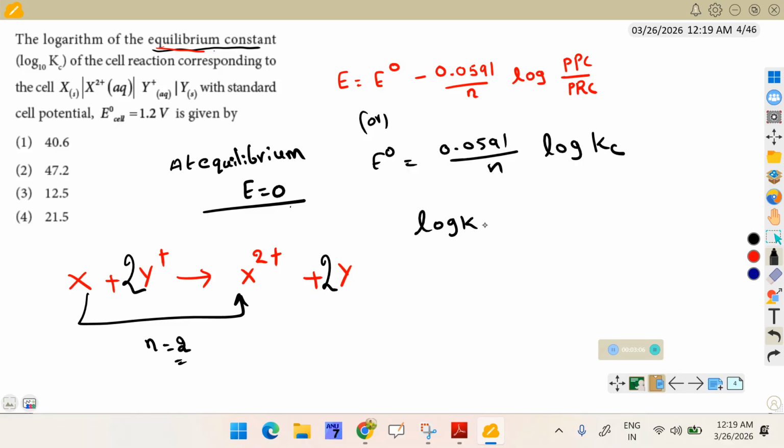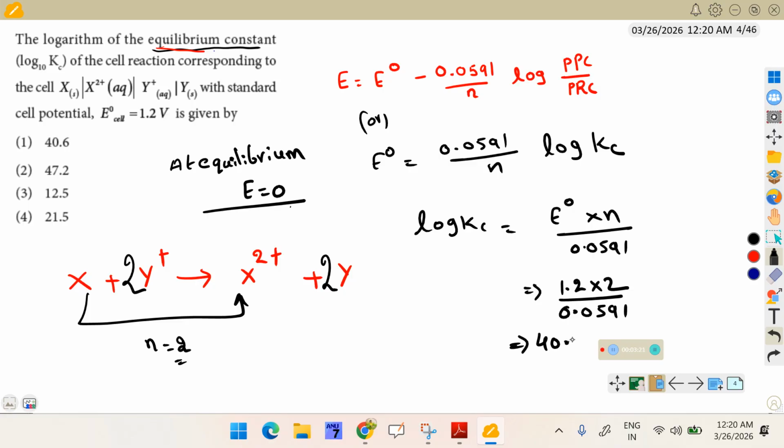Calculate log Kc. Log Kc is equal to E naught into n by 0.0591. E naught value 1.2 into n value 2 by 0.0591. Simplify, then you will get 40.6.